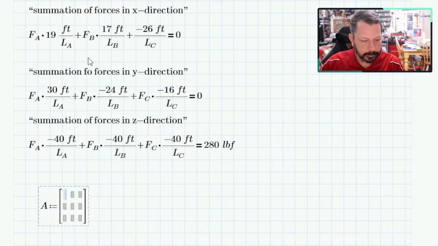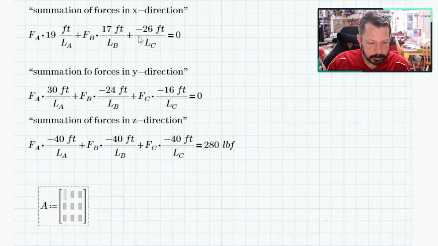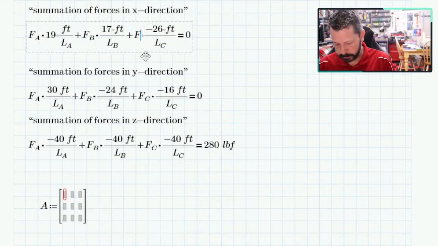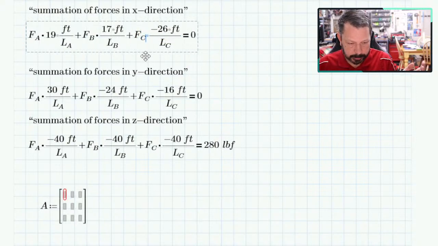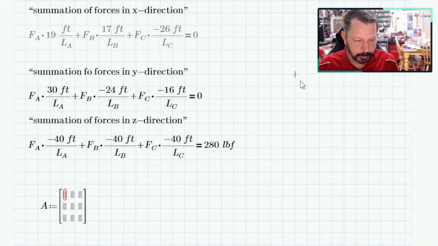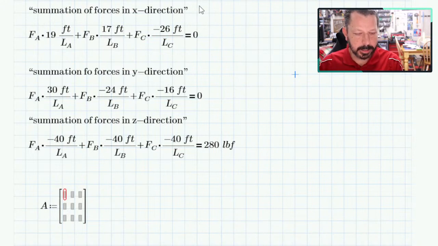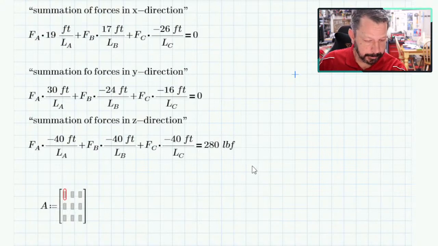Now, I have been careful that I put all the FAs in the left column, all the FBs in the middle column, and all the FCs in the right column, although I left off FC on that one. I'm not solving it with those, so it doesn't matter. And then all the constants or the residuals are on the right-hand side of the equal sign.